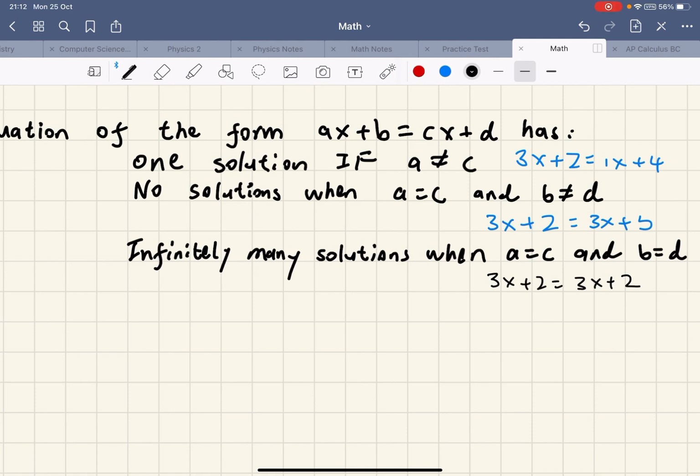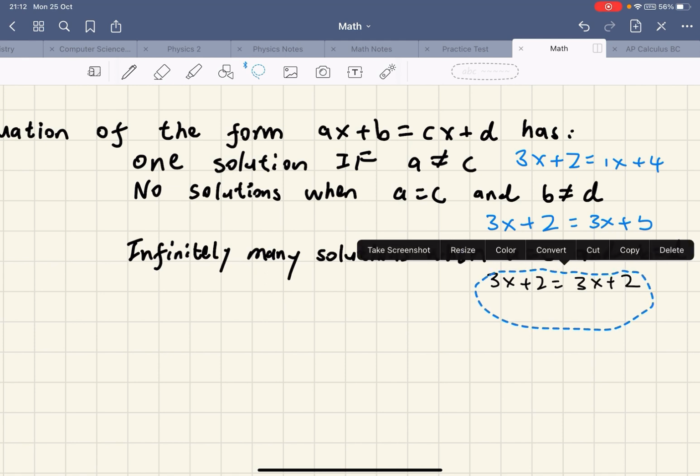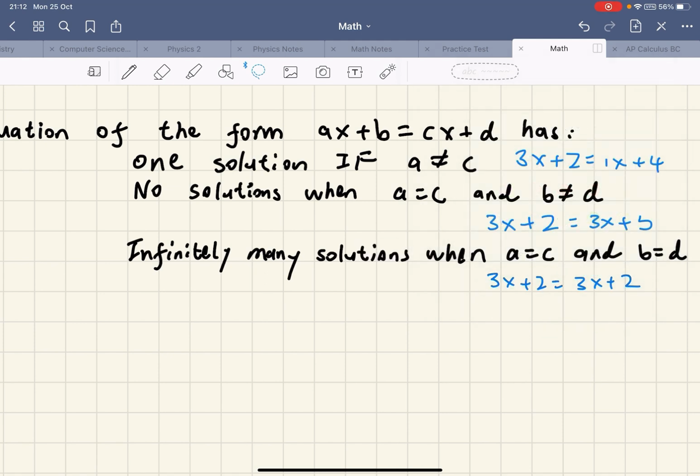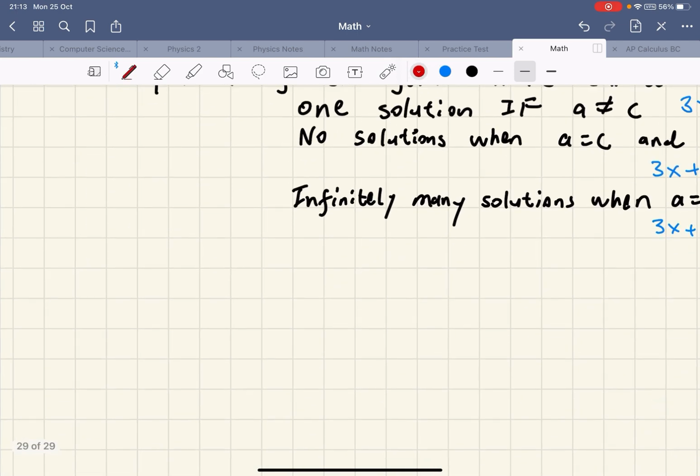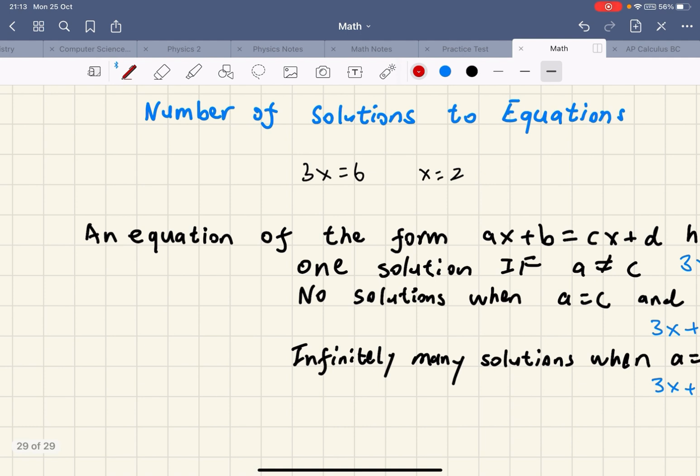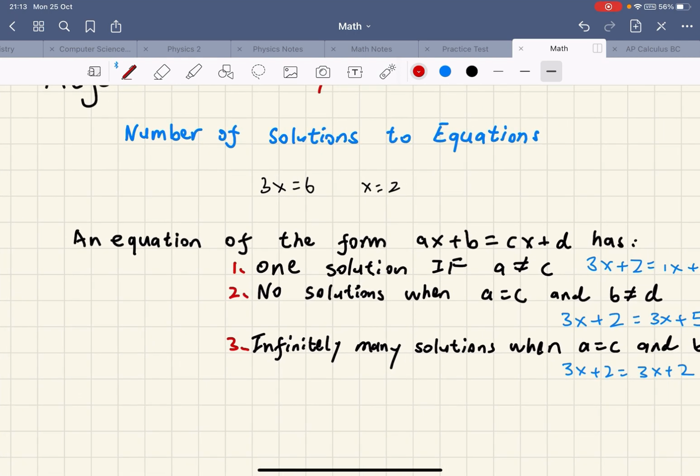Here a equals c, 3 equals 3, and b equals d, 2 equals 2. So there will be infinitely many solutions when a equals c and b equals d. So these are the 3 properties you need to remember.